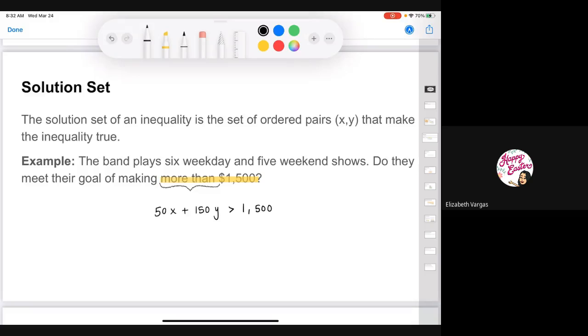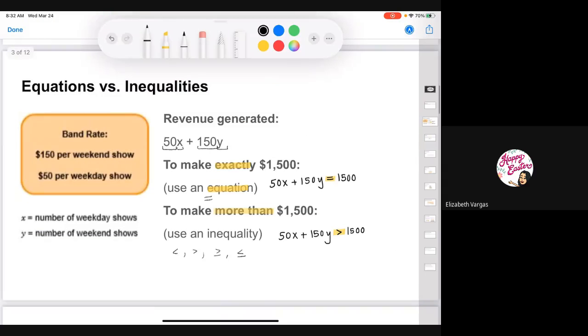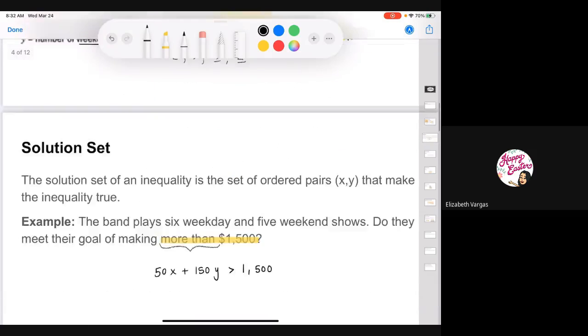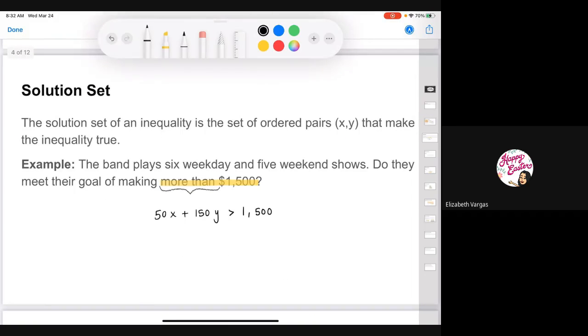I keep saying $150, $1,500, sorry guys. So our solution set is basically the ordered pair that we're gonna plug into this. So we saw X represents the number of weekdays and Y represents the number of weekends. Here we're told that this band plays 6 weekdays and 5 weekends. So that would give us our ordered pairs, X and Y. Right, 6 weekdays, 5 weekend shows.